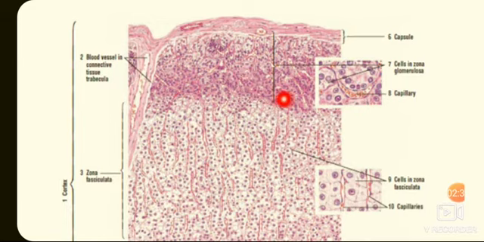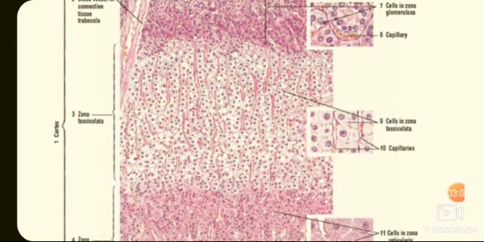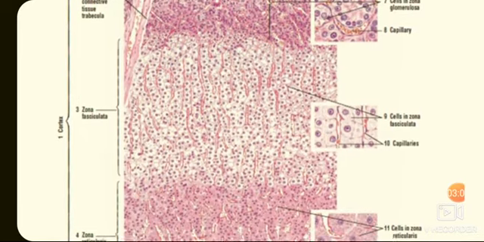Cytoplasm of these cells stains eosinophilic, and the cytoplasm has few lipid droplets. The cells in the zona glomerulosa are arranged in inverted U-shaped columns. The zona glomerulosa secretes mineralocorticoids.